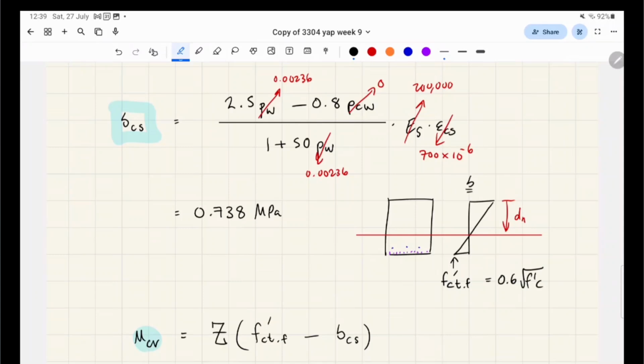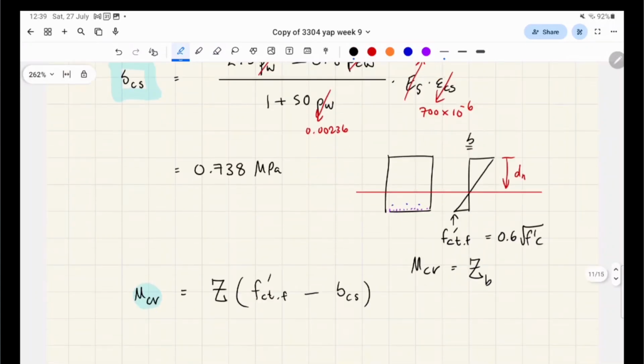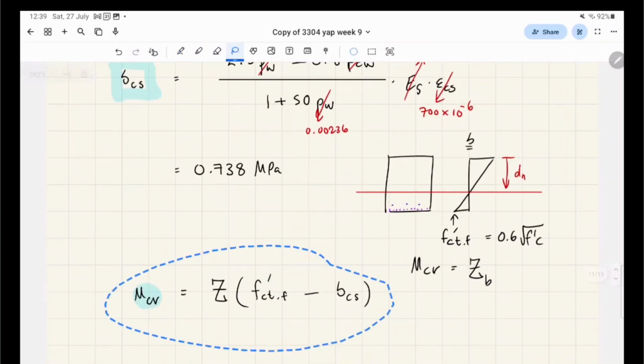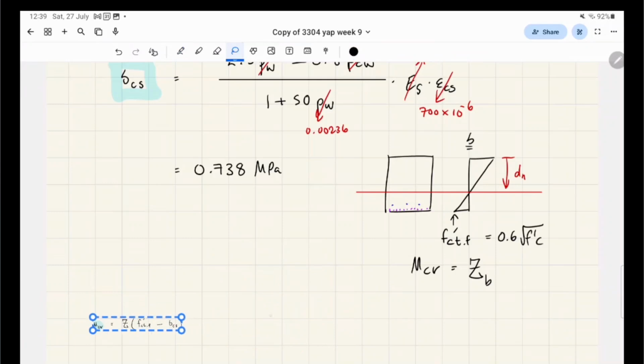And in order to get the moment of cracking, we have to do Z, and specifically Z from the bottom. So Z is, sorry, this is a spoiler alert. Okay, just bear with me for a second. It's Z multiplied by this.